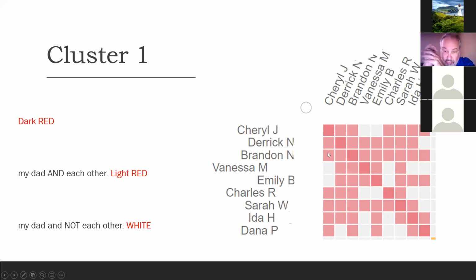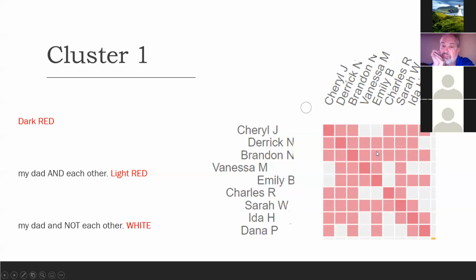They match my dad, and both match Vanessa. Derek and Brandon both match my dad and Emily B. Do you see how that lighter color indicates that they not only match my dad, they match each other?